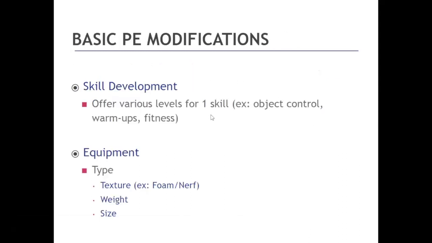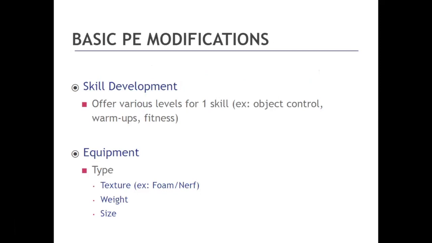So this can be done in various ways. It can be done through skill development. So you might be offering various levels for one skill. So for example, if we're talking about a warm-up and we're talking about jumping jacks, we might have some kids only doing lower body jumping jacks while the rest of the kids are doing the coordinated upper and lower body.